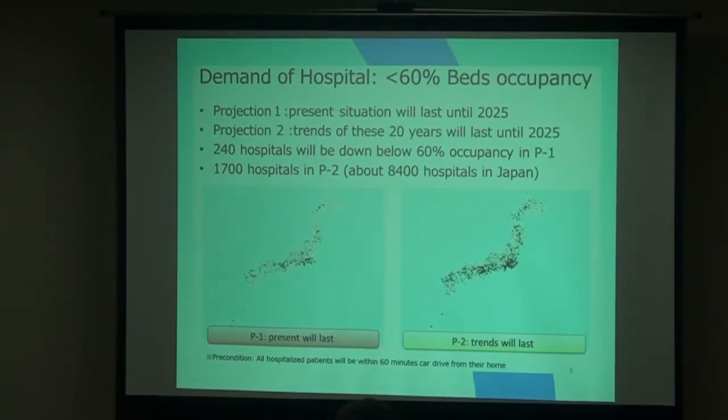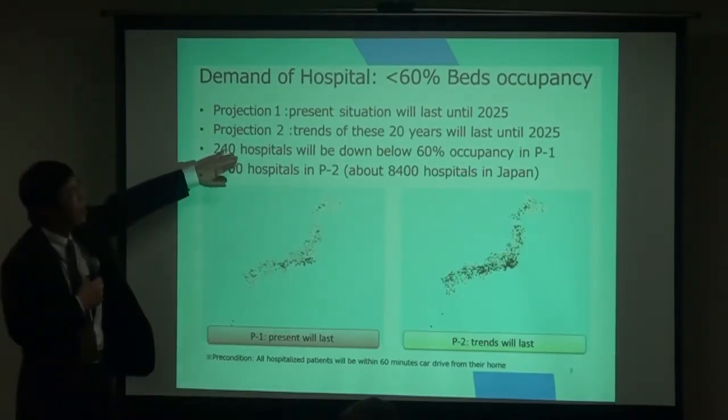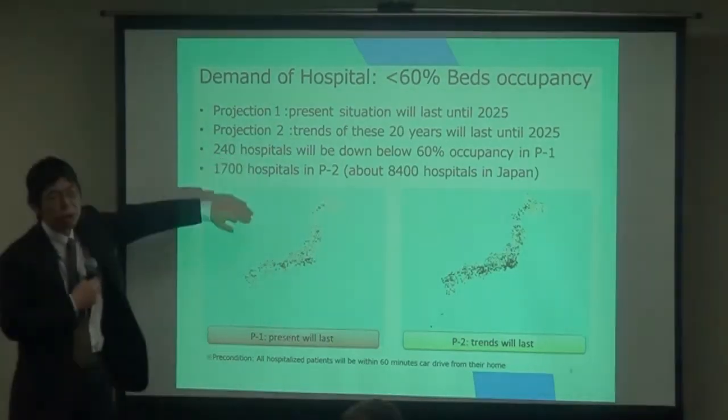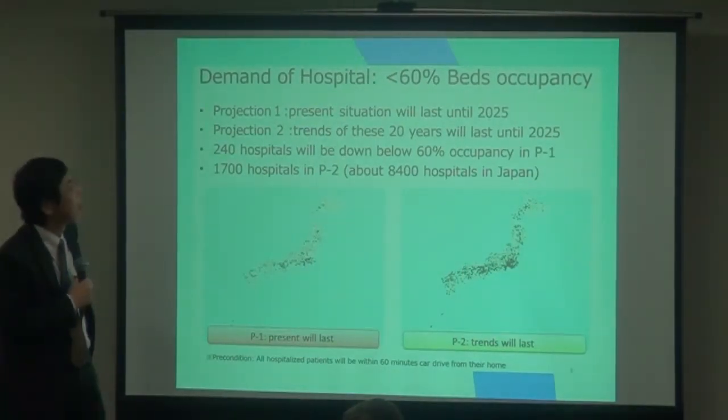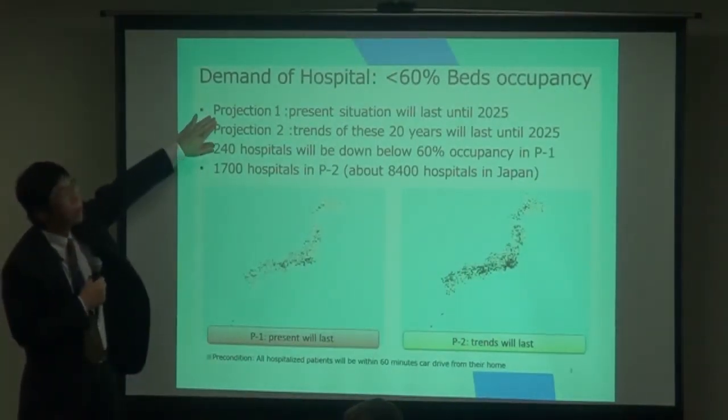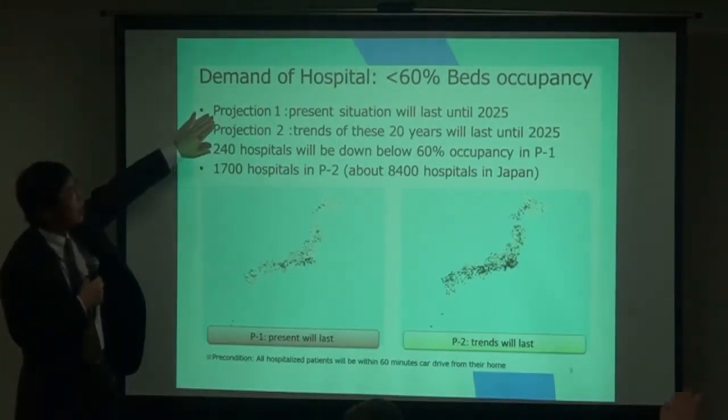Projection 2 is not necessarily 60% or less, but it has some tendency up and down around 60%. This is only inpatients. What's the difference between projection 1 and projection 2? One means our government's projection, which as of today is less than 60%.